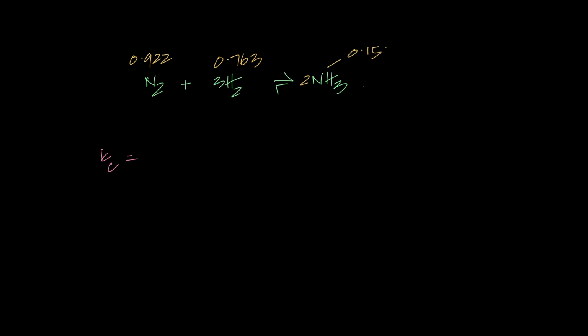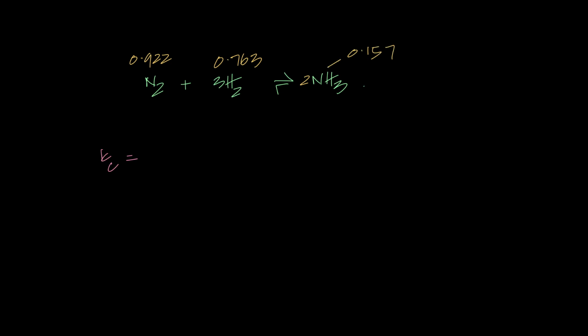Next, I give you the same equation: N2 plus 3H2 gives 2NH3. Can you tell me the Kc that we calculated earlier using the equilibrium values? N2 was 0.922, H2 was 0.763, and NH3 was 0.157.